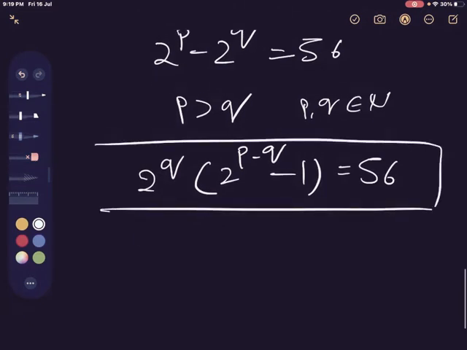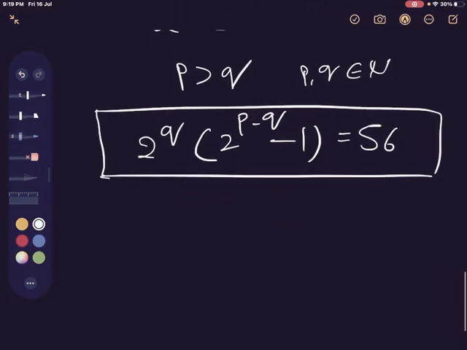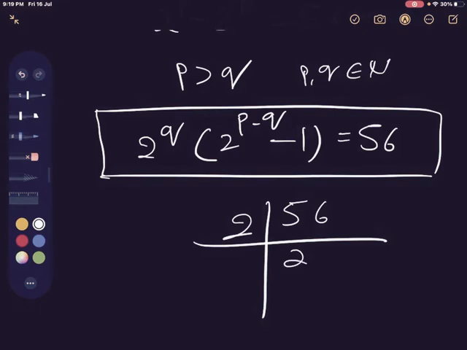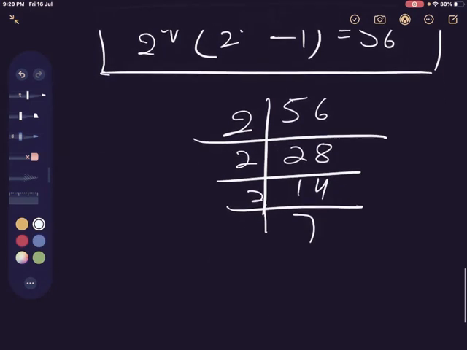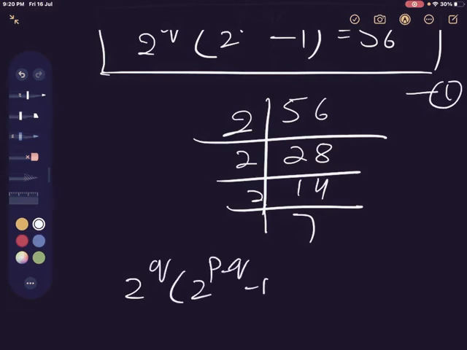What I'll suggest is to factorize 56 into powers of 2. So 56, 28, 14, 7. I can write this equation, equation 1, as 2 to the power Q into (2 to the power P minus Q, minus 1) equal to 2 cube into 7.